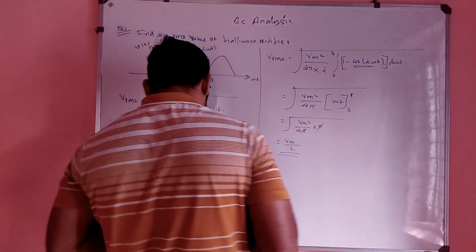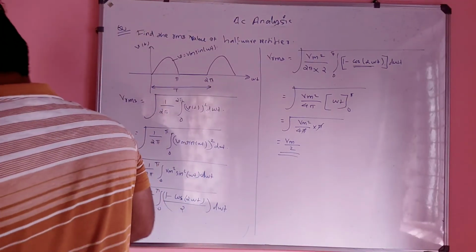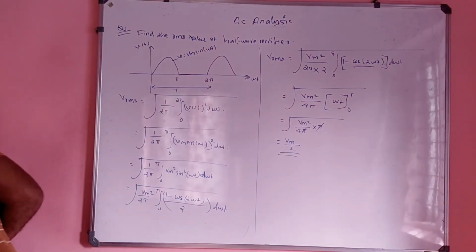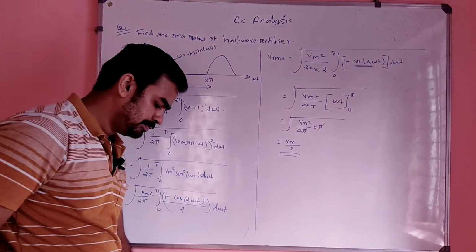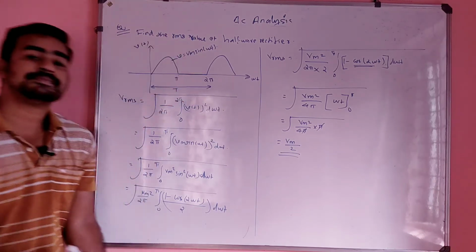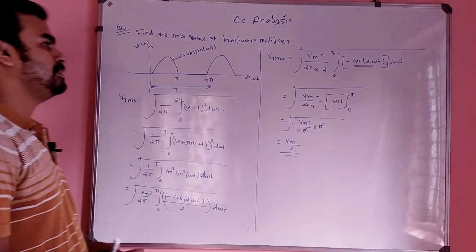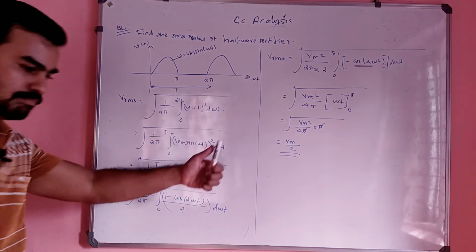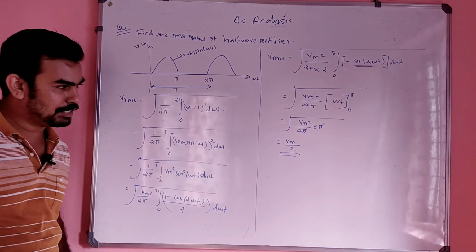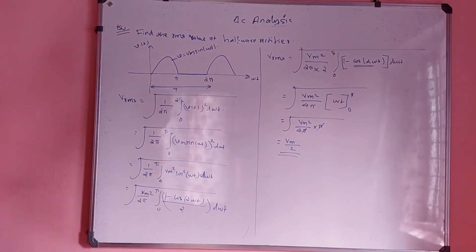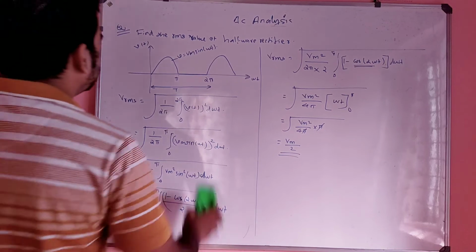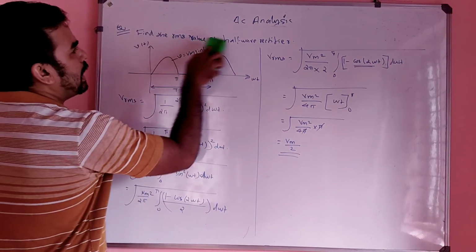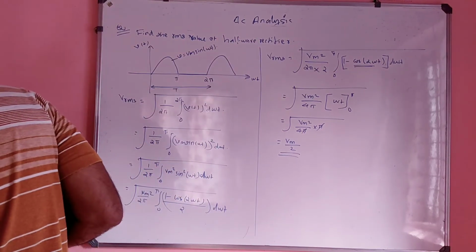Vm by 2. Is it correct or wrong? So that is the answer. So now you have derived the equation for RMS value of half wave rectifier. Now we are going to derive the equation for full wave rectifier also. Okay, what will that be? Let's see. Find the RMS value of full wave rectifier.